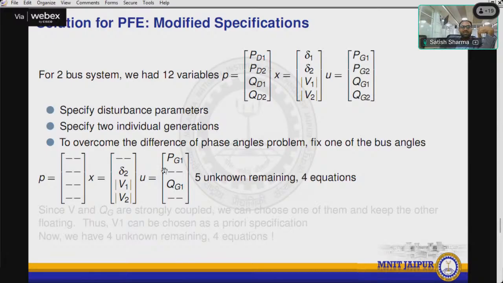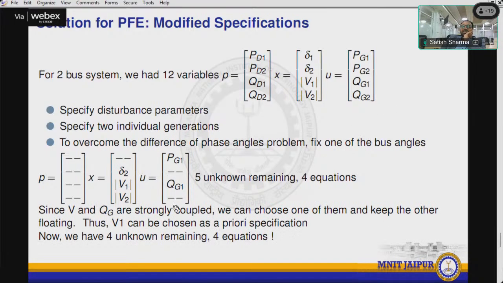So let's say we have identified one angle as well, that is, the reference bus angle is kept equal to 0. By doing so, we are still left with 5 unknowns, but the equations are 4. So we have to get rid of one more variable, then only we will be able to solve these.